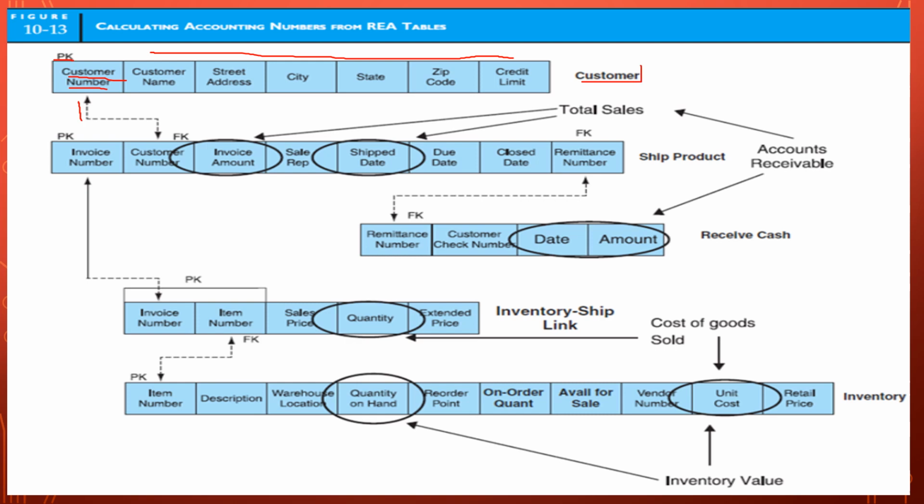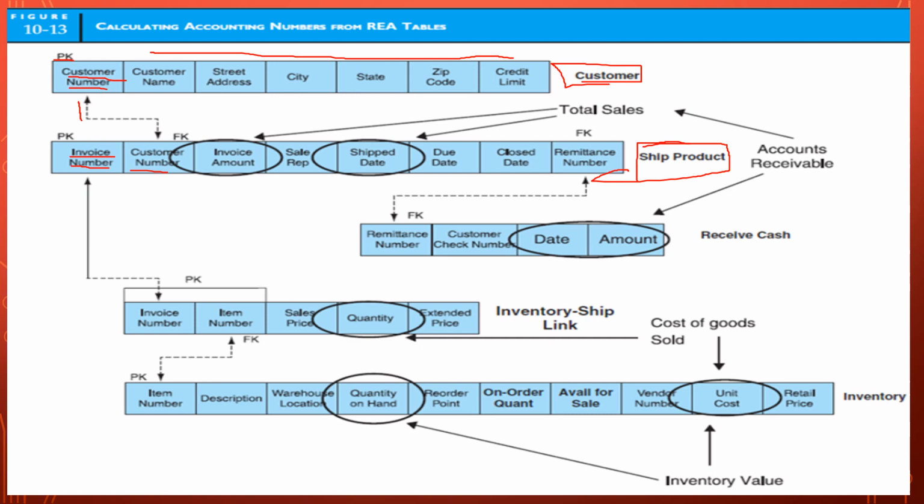This is the name of the table, the customer table, and we have shipping the product table. In shipping the product, you can see here the primary key is the invoice number, and the customer number is a foreign key in this table.